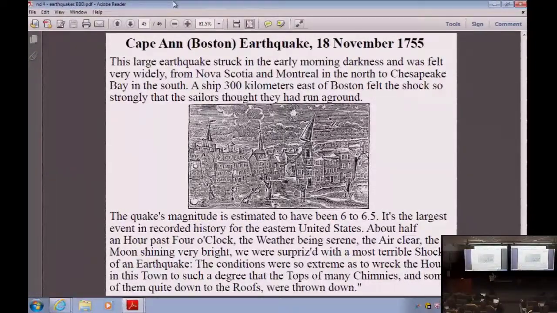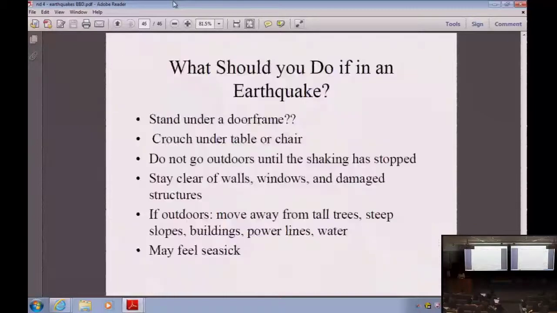And certainly you don't have to read this all, but you can see this is a woodblock print showing that in 1755 there was an earthquake, and it was so bad that there was a ship 300 kilometers to the east that was shaken so badly that the people on the ship thought the ship had run aground somewhere. The church steeples were toppled, there was some fire, and so they thought it was about a 6 to 6.5. So we will get one of these again. It's just a question of when.